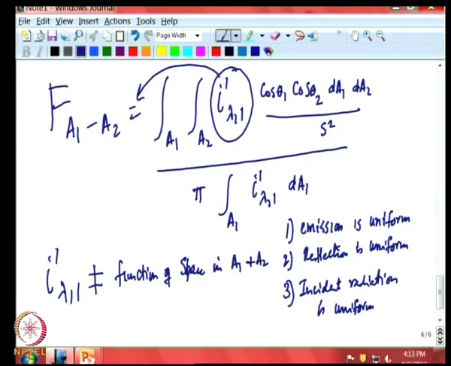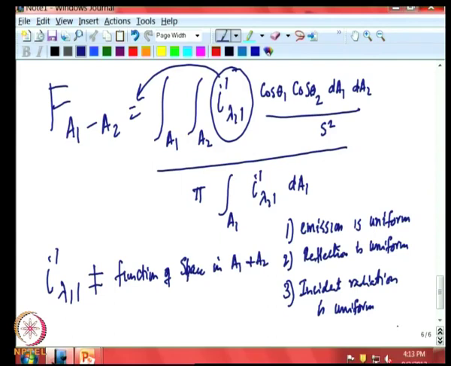Now, this is not commonly met in real situations, especially the condition that the incident radiation should be uniform, because most surfaces you are dealing with get radiation from all directions, and the radiation coming from different surfaces impinging on a given surface will not be uniform.